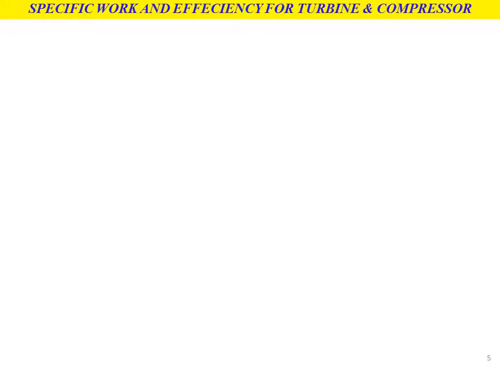In this summary, I will generalize the numbering of the inlet and the outlet. Number 1 will represent the inlet condition for both turbine and compressor, and number 2 will represent the outlet condition for the turbine and also for the compressor. So throughout this slide, the equations are based on number 1 for the inlet and number 2 for the outlet.